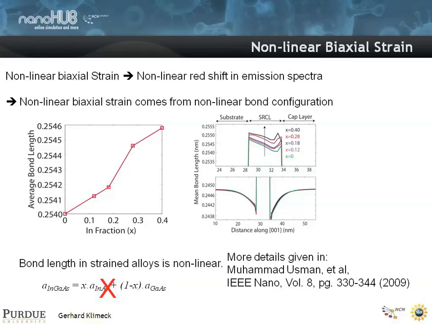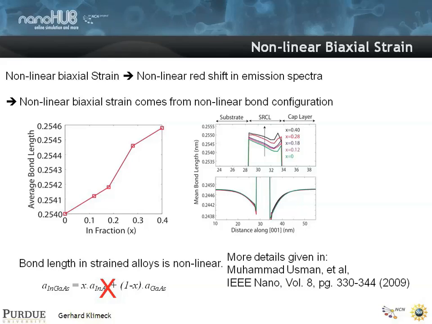Indium arsenide likes to maintain its indium arsenide bond length, and gallium arsenide would like to maintain its gallium arsenide bond length. You'll see that in the next presentation when we talk about alloy disorder in indium gallium arsenide, how these two materials actually build a bimodal strain bond distribution.